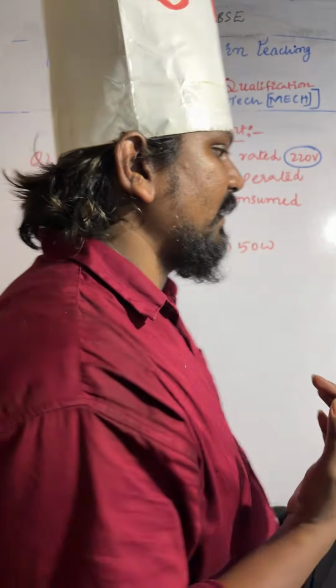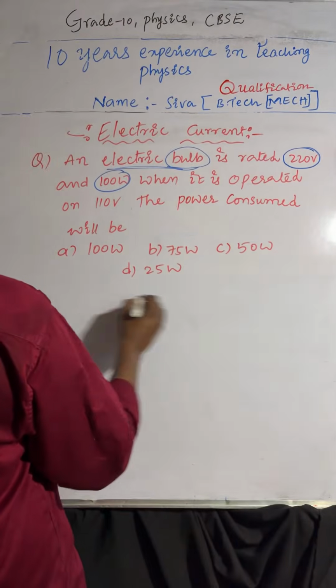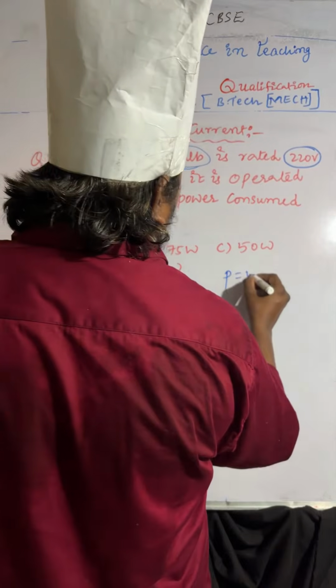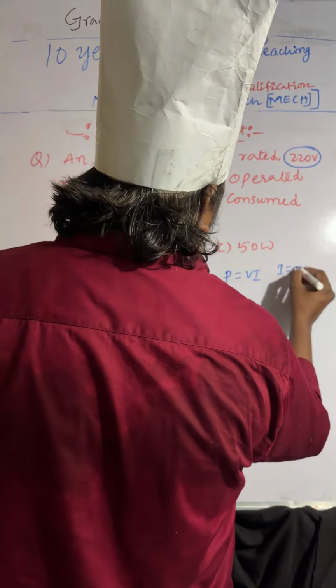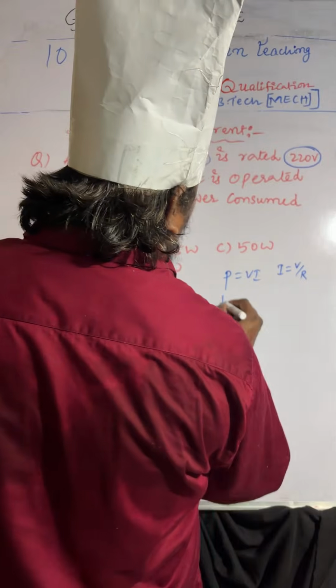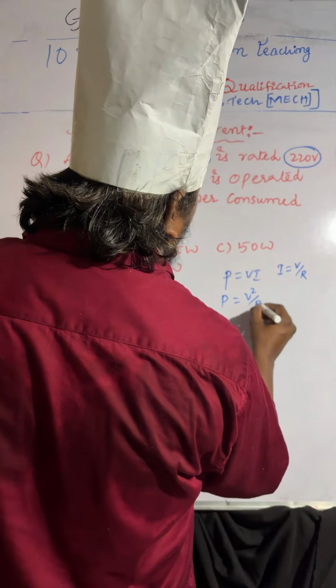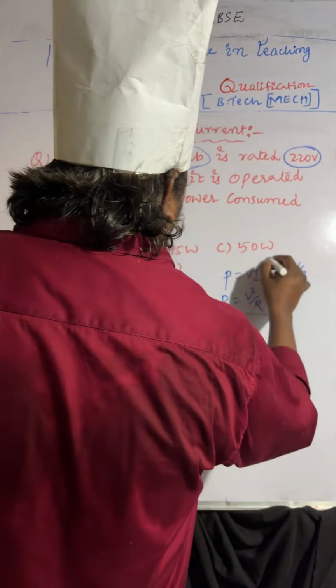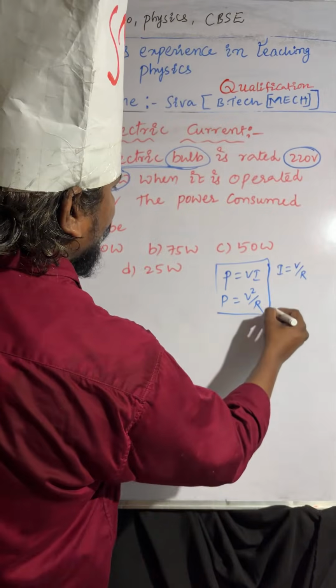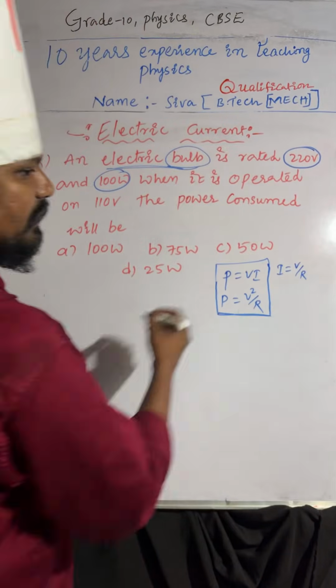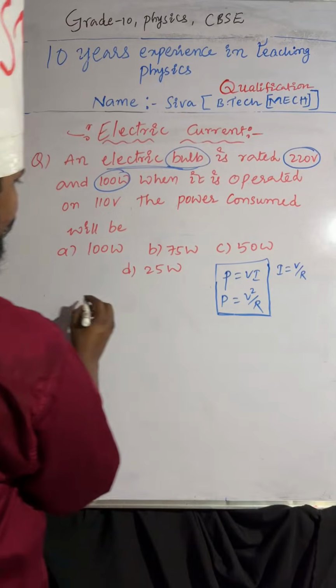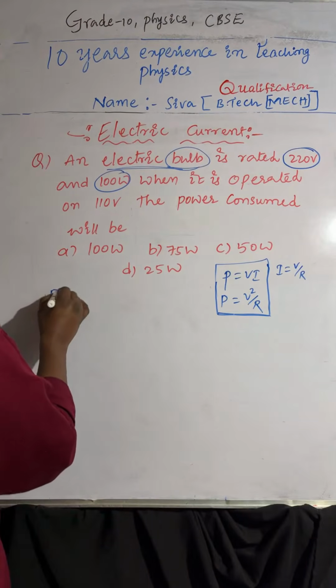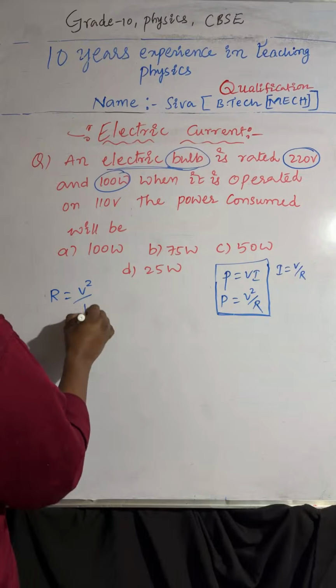So then we can take P equal to VI, I equal to V by R. So P equal to V square by R. Now we have to find out the resistance. From this one we can find out the resistance. That is R equal to V square by P.